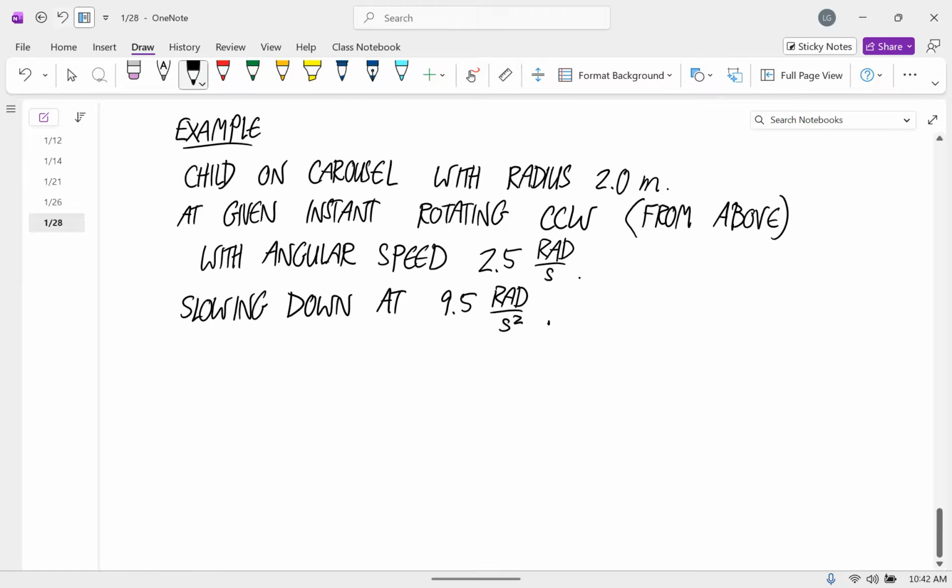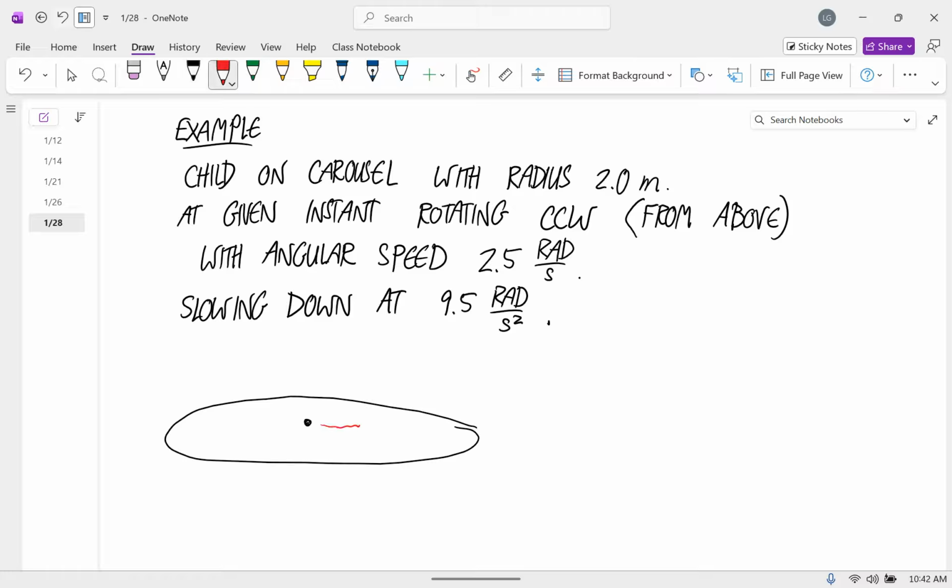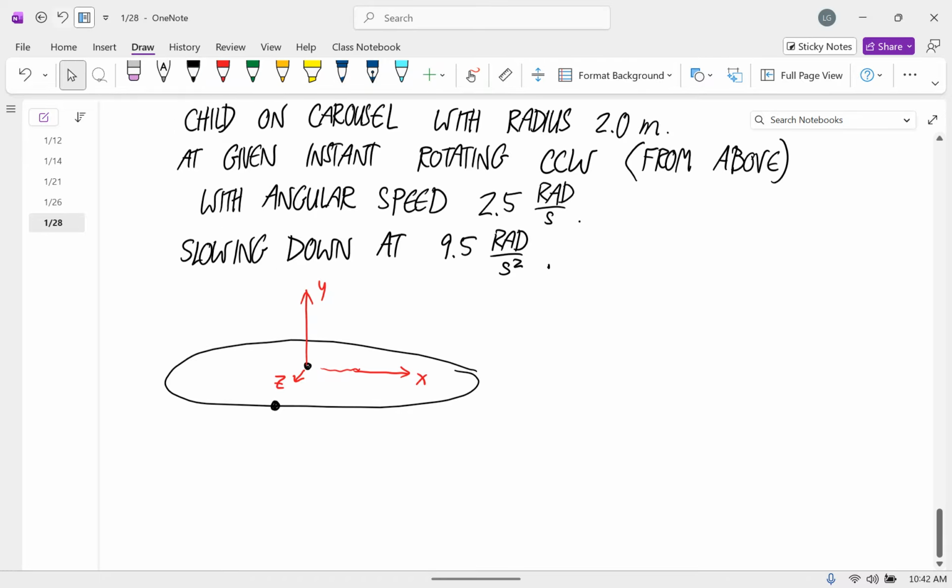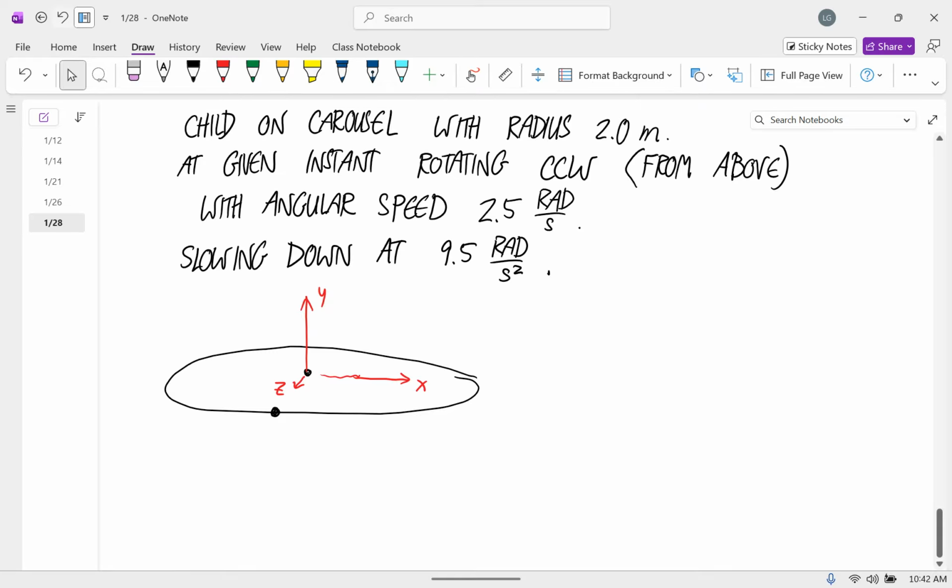And so this is what it looks like. There's the carousel. Here's our coordinate system. And this is the point that we are interested in calculating stuff for.